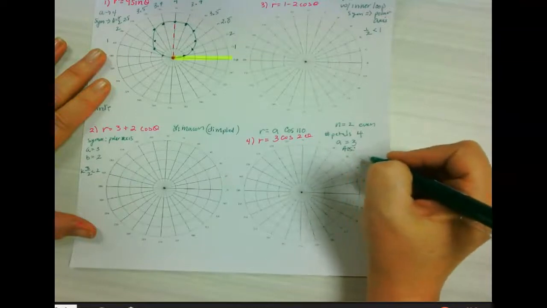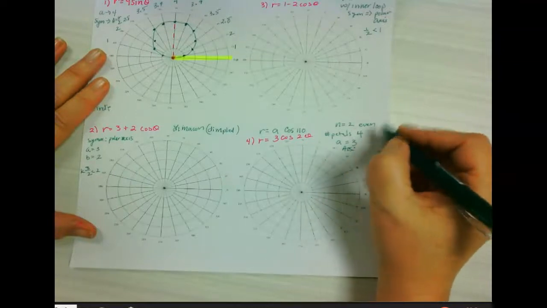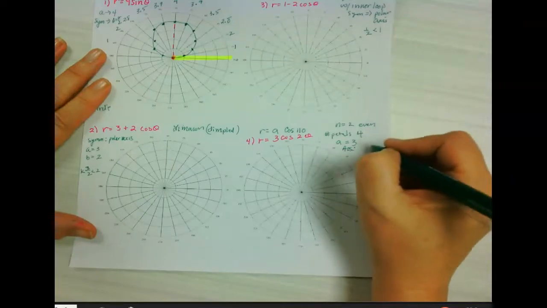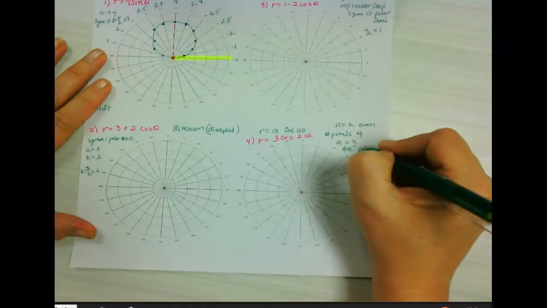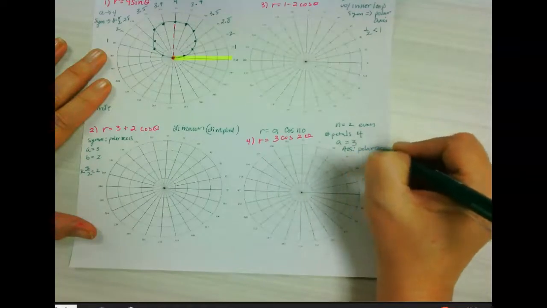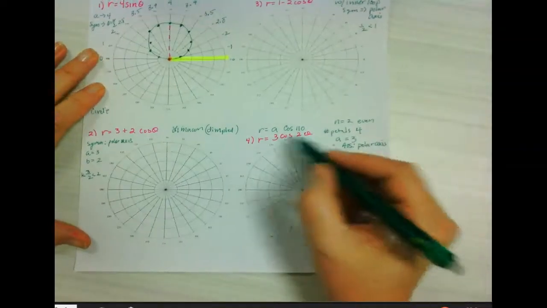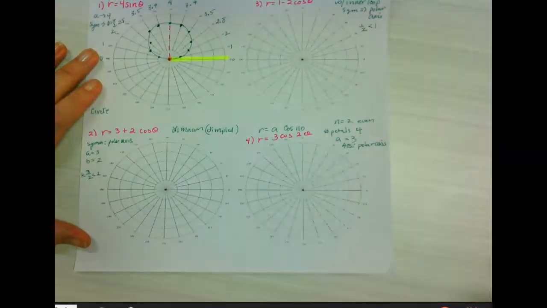Oh yeah, my axis of symmetry is going to be cosine, and so we know that cosine is polar axis. So now change this equation in your graphing calculator, label the points around, and graph. Pause your video and take care of that.